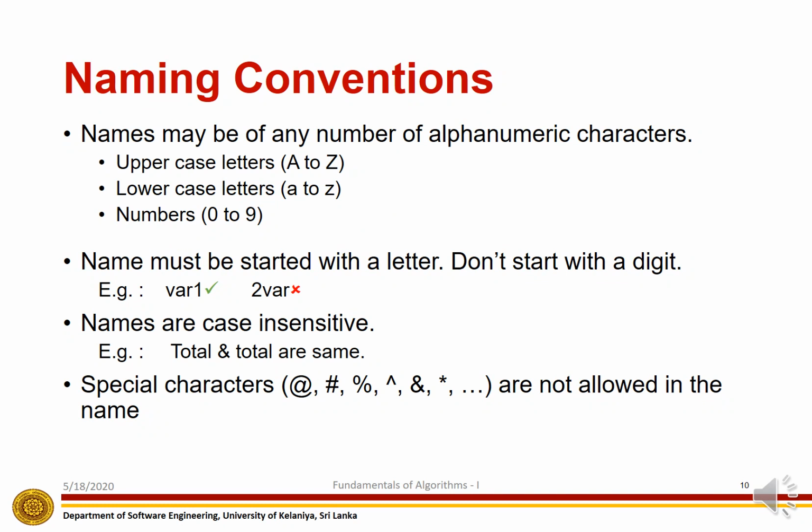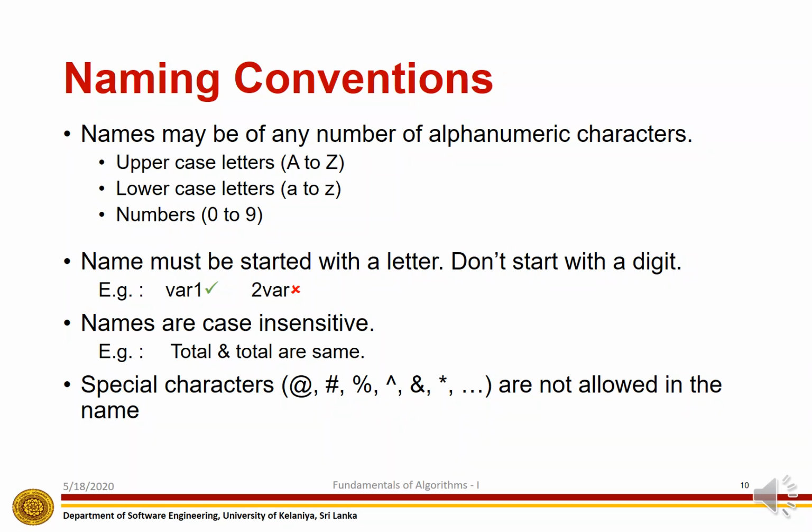Naming conventions are mostly used to improve the readability and the consistency of the data. In algorithms, we can use naming conventions for the algorithm name, data variables, function names, and like that.